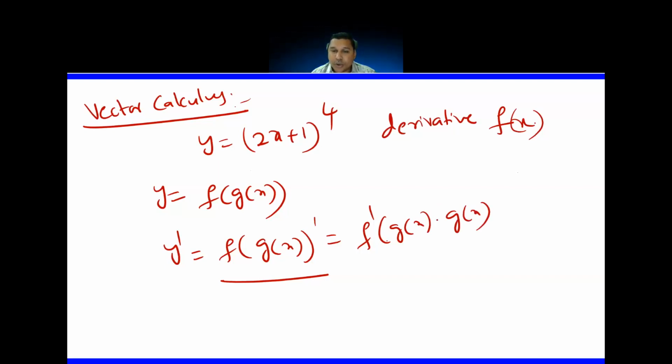First you find f dash of g of x, keeping g of x as it is, then the derivative of the inner function, g dash of x.